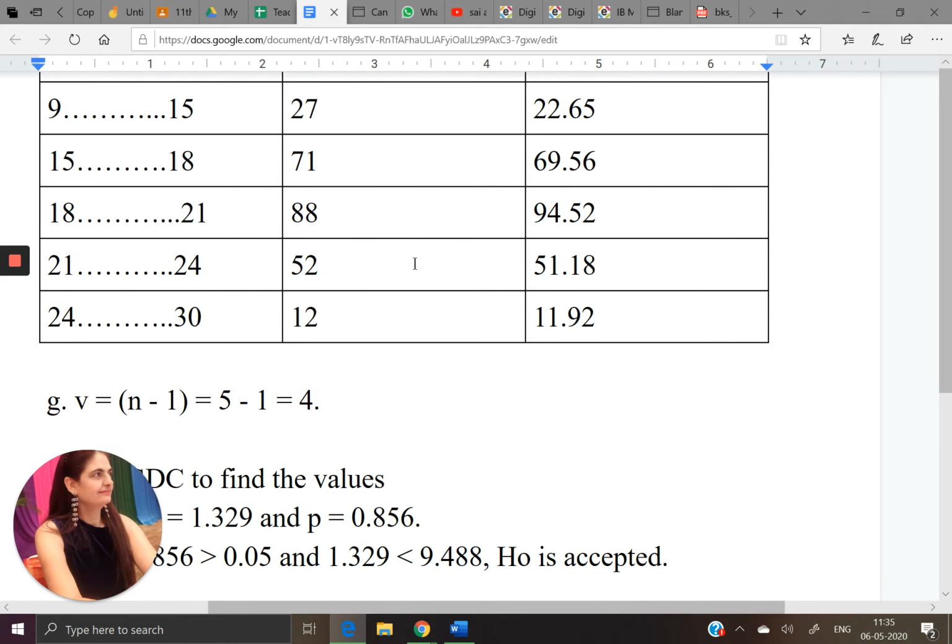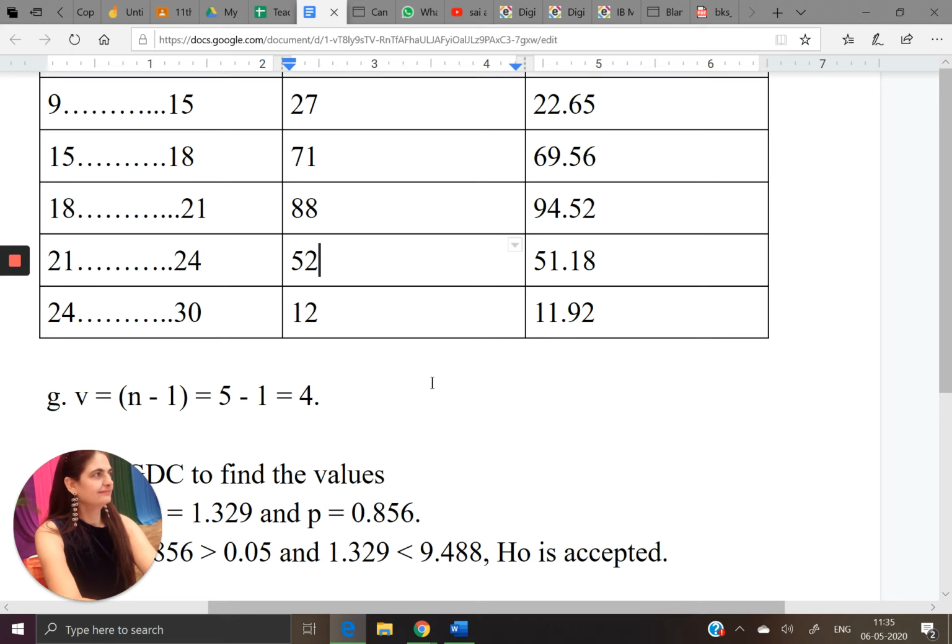Rest all the steps are same, like how you have done it for the previous table. Okay, so this was all about F, wherein wherever expected frequency is less than 5, I add it with the previous one or the one below it if it is right on top, and I increase the expected frequency and refresh the table again. Okay.